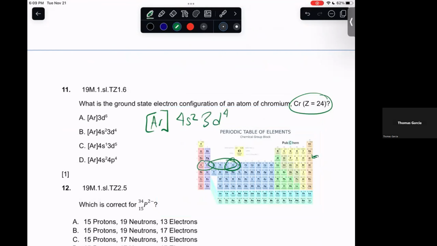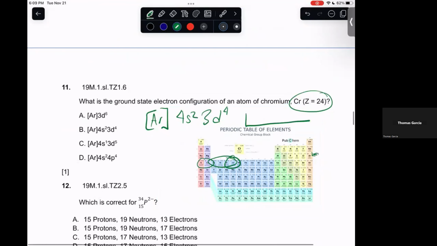But this isn't correct. The problem is we learned that the d orbitals are actually very close in energy to the s orbitals. And in this case, we kind of would fill them all at the same time. So this is the 4s, and these are the 3ds.